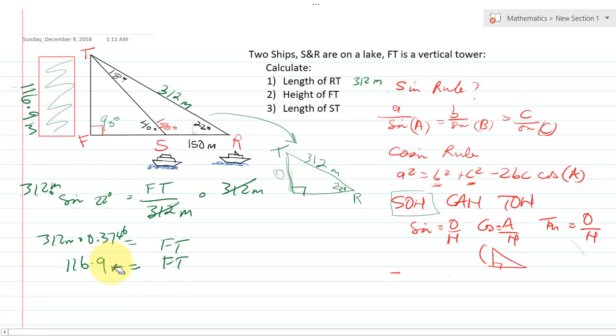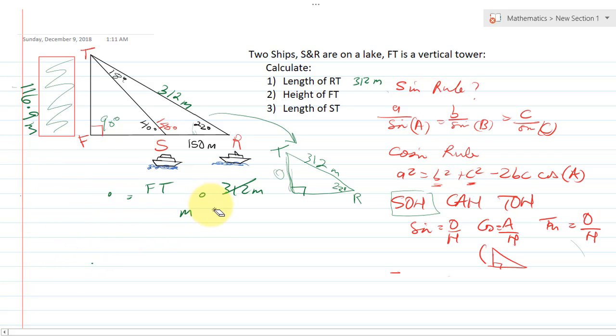Alright, and so the last question asks us, what is the length of ST? So we now know that this side is 116.9.